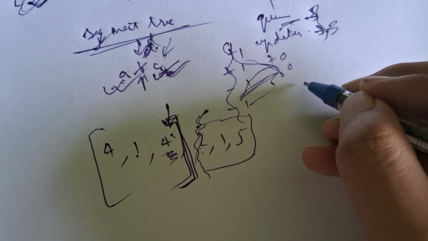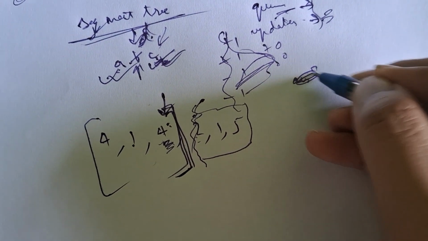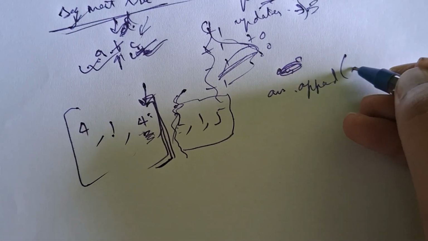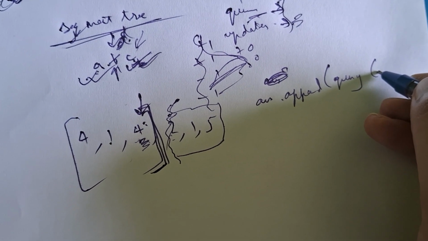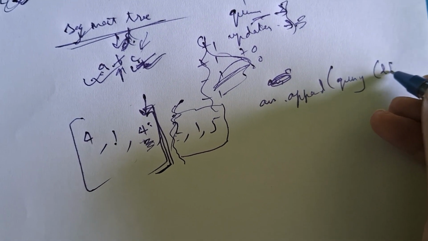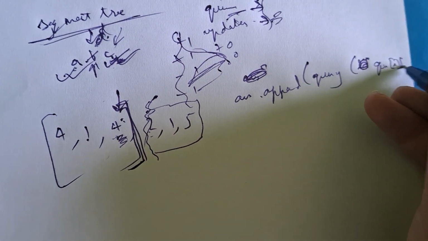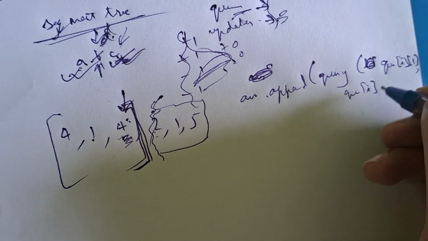Initially what we were doing, we could make answer dot append queries of I of 1 and queries of I of 2.